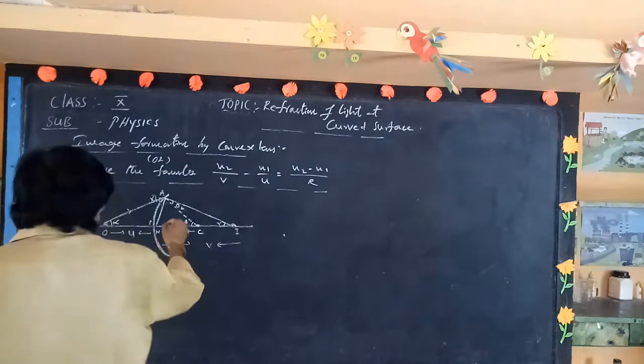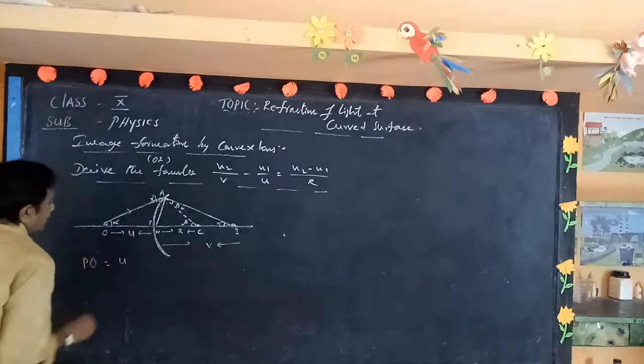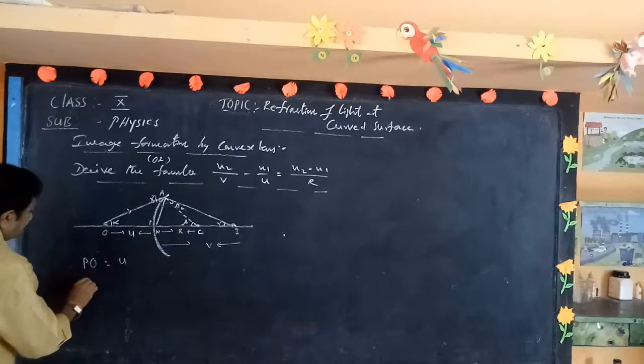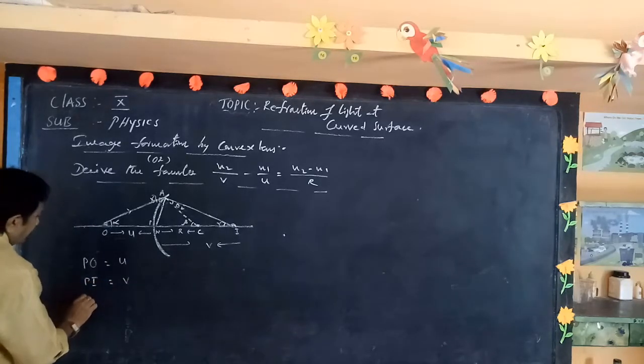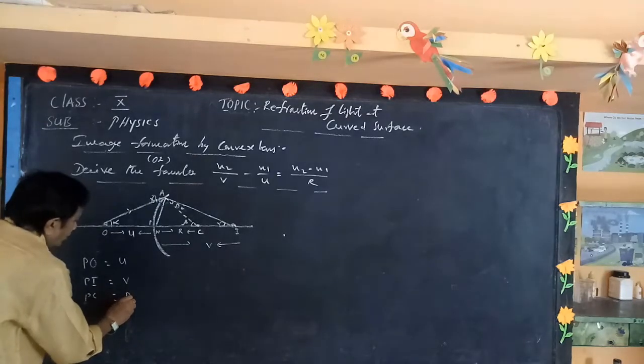So according to this diagram, PO is equal to object distance U, PI is equal to image distance V, and PC is equal to radius of curvature R.